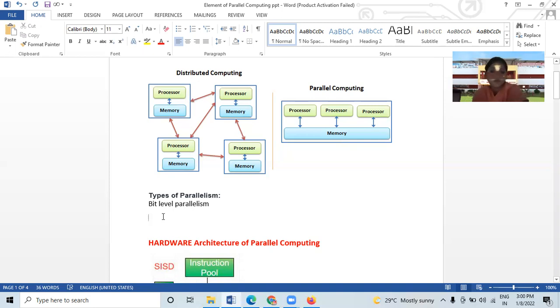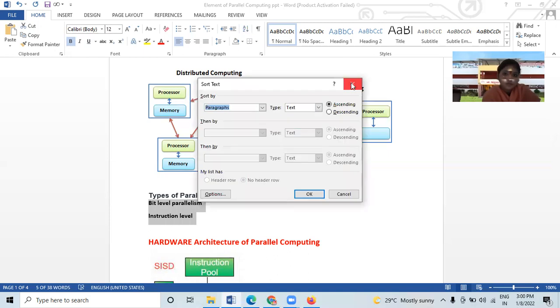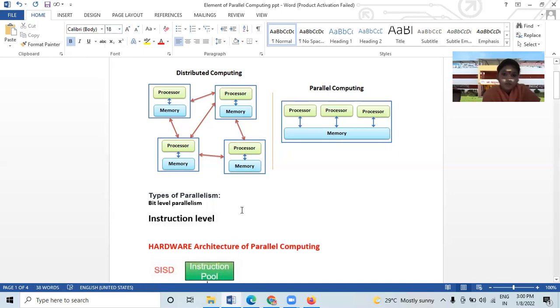So let's discuss instruction level parallelism.